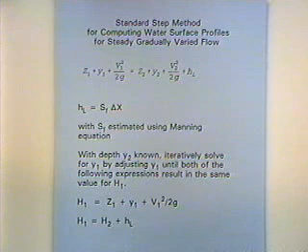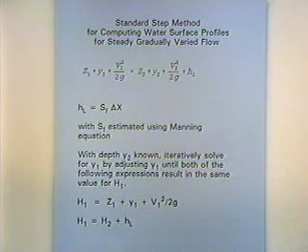Here's what's different. Instead of taking an assumed y1 and y2 and computing a delta x, we're taking a set delta x and computing y2, given that we know y1, or vice versa.